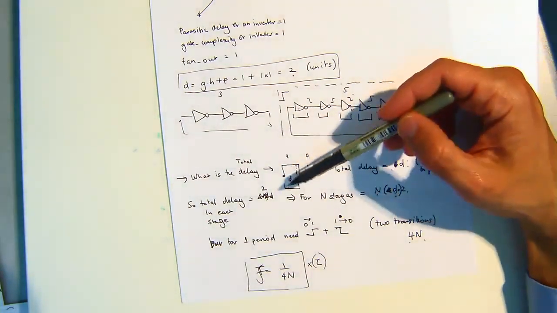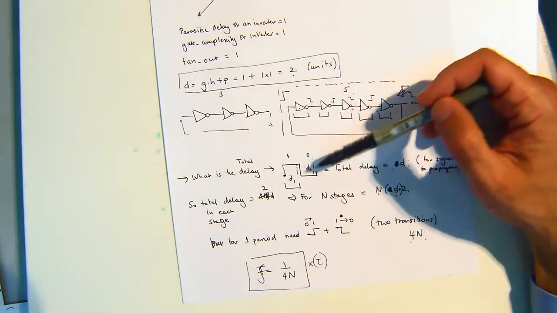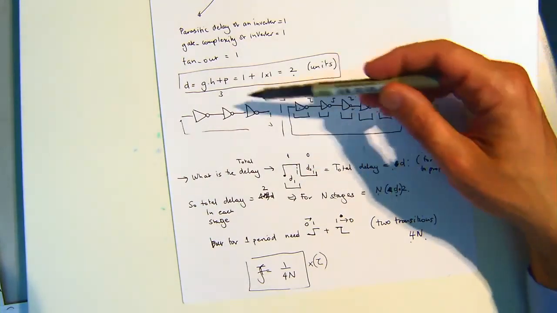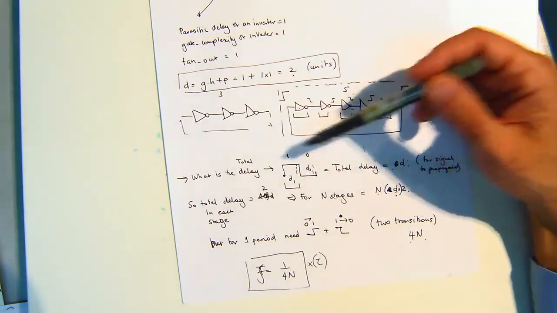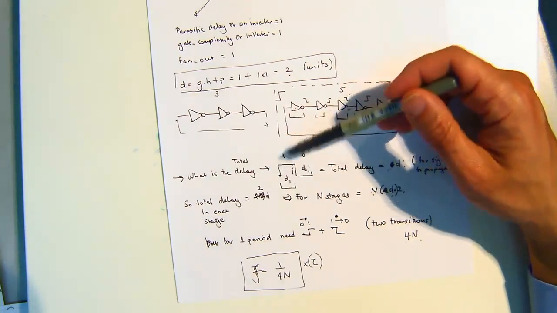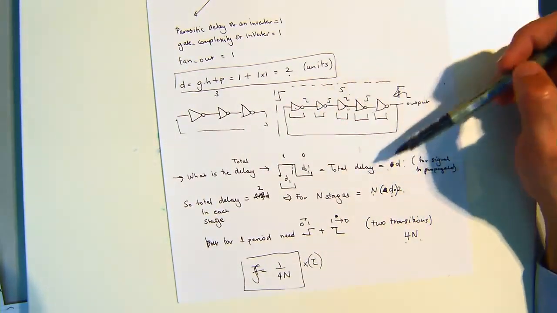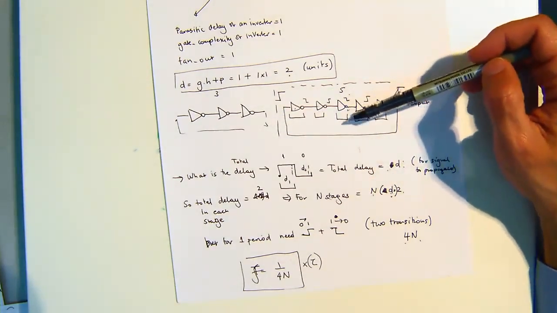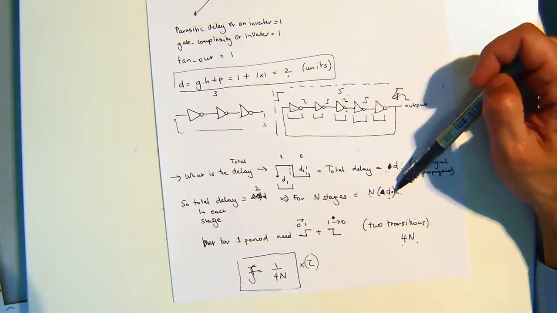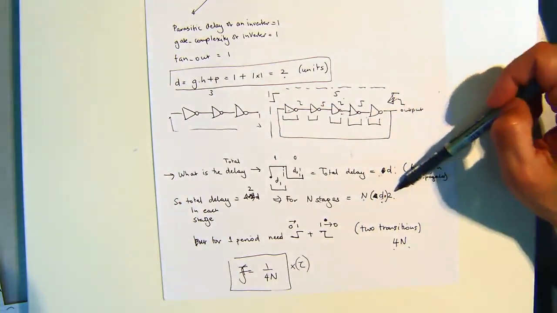Then what is the total delay through this if we had n of these inverters? We know that the delay from a 1 to 0 transition is d. If we're going from a 0 to 1 transition, it's 2d. And if we've got 2 stages, the delay would be n times d times 2. We know d is equal to 2, so it's 4n.